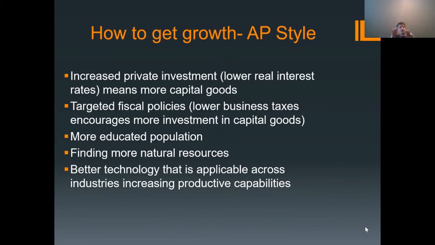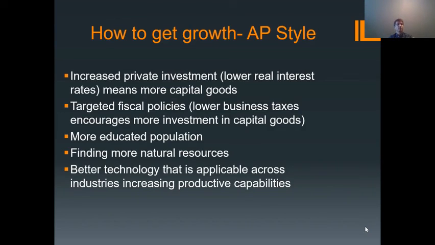So if we're breaking it down in a very basic way for the AP test, how do you get growth? Increased private investment is one of the biggest things they focus on. If you have lower real interest rates, that means you have more capital goods. You have a buildup of your capital stock that yields economic growth. If you have targeted fiscal policies, so lower business taxes, that encourages more investment in capital goods.